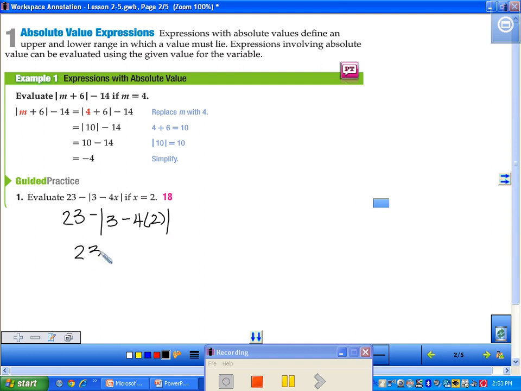So we have 23 minus the absolute value of 3 minus 8, 23 minus the absolute value of negative 5. The absolute value of negative 5 is 5. So 23 minus 5 is 18. So this is how we get 18. Absolute value, the distance a number is from 0.